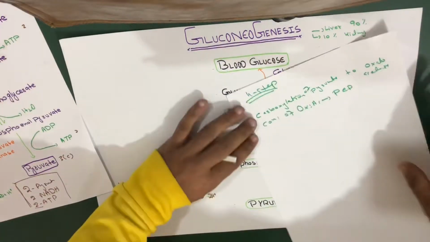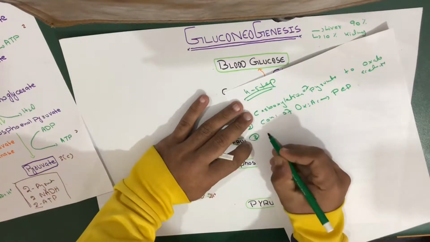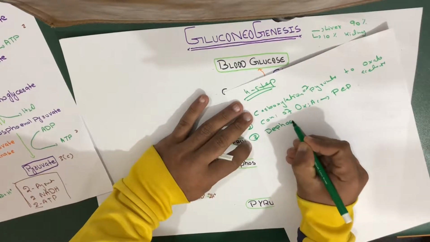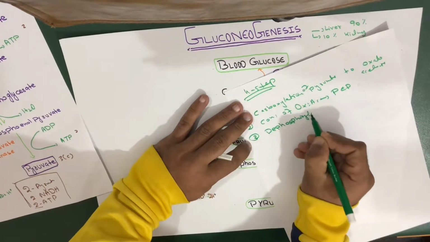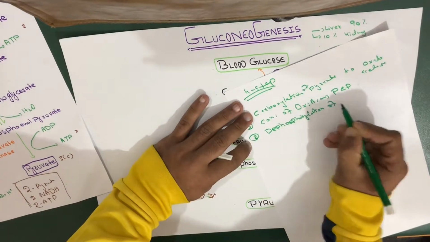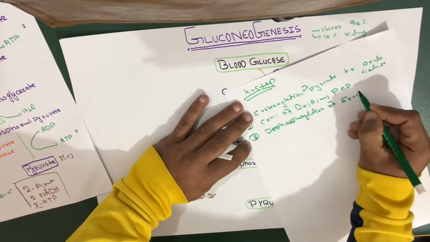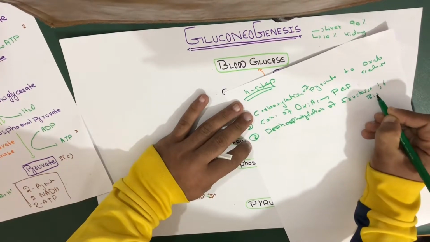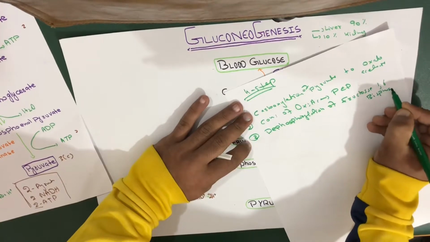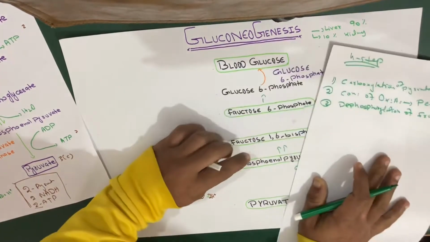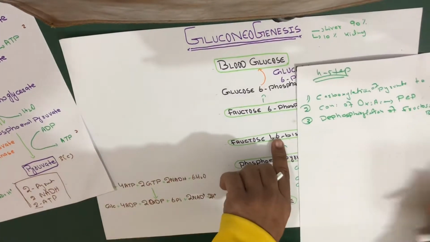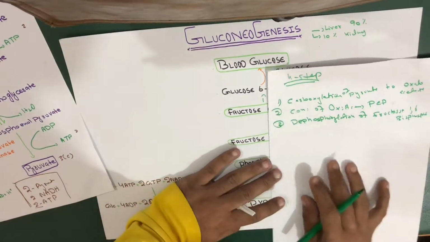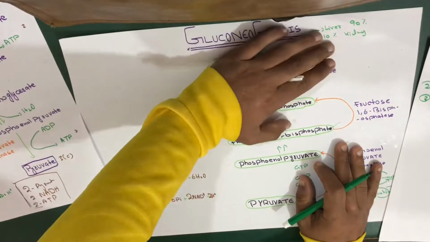That would be our third step: dephosphorylation of your fructose 1,6-bisphosphate. What does that mean? You are going to remove the phosphate group from your fructose 1,6-bisphosphate. How are you going to do that? Very simple. You're going to add this to fructose 1,6-bisphosphate.